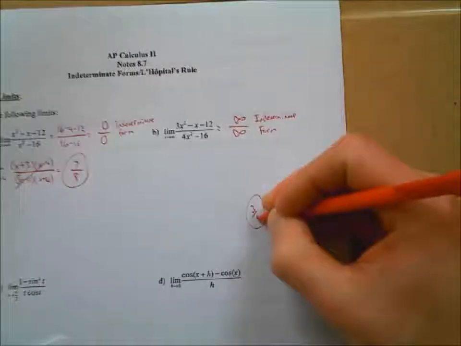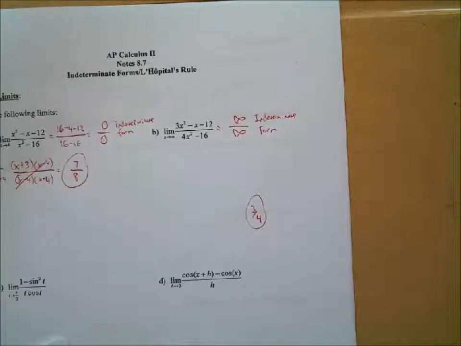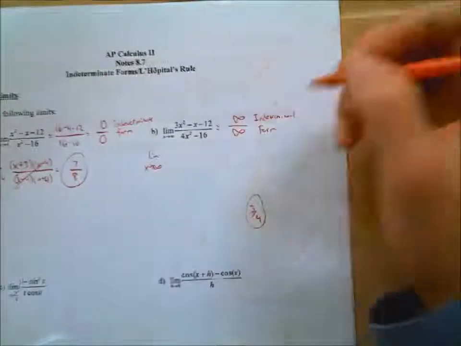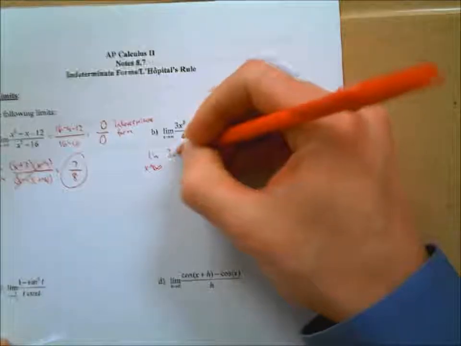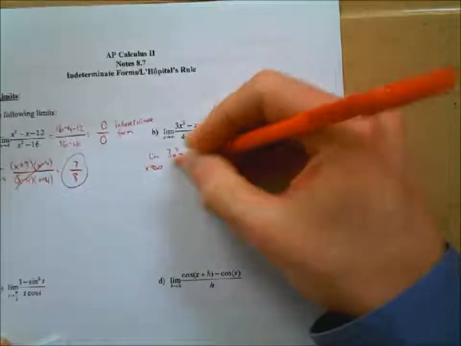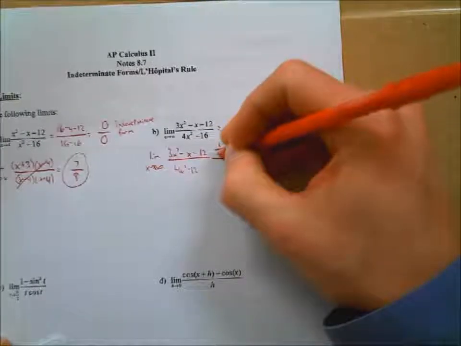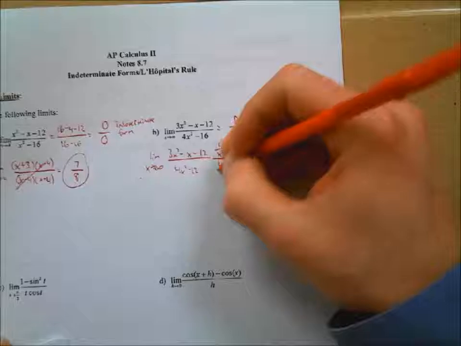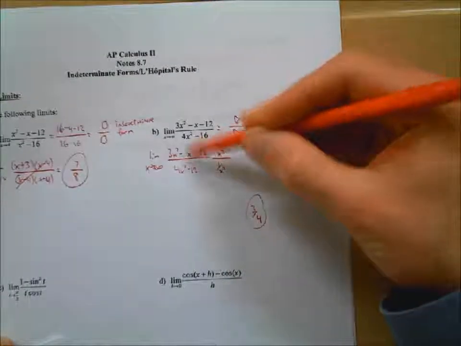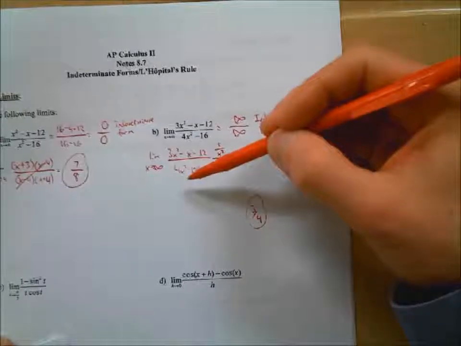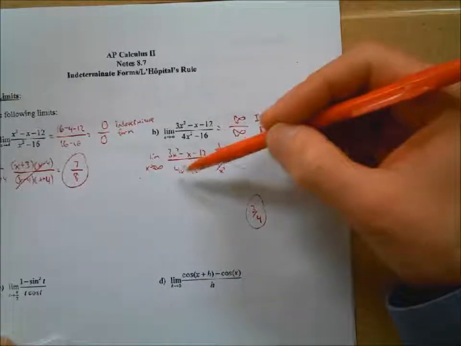But let me show you an alternative way to convince ourselves that this is so. If we multiply the top and bottom by 1 over the highest degree term, in other words, I'm going to multiply my numerator by 1 over x squared, because x squared is the highest degree term, and I'm going to multiply my denominator by 1 over x squared as well.